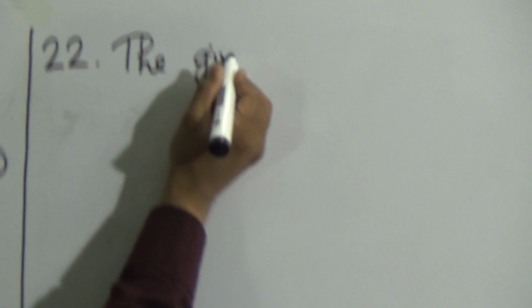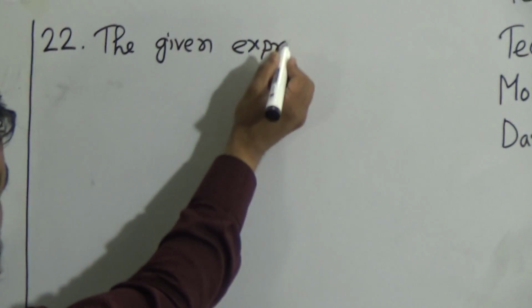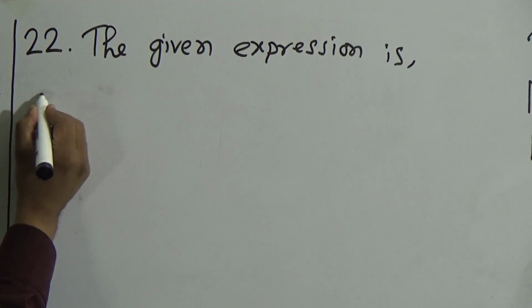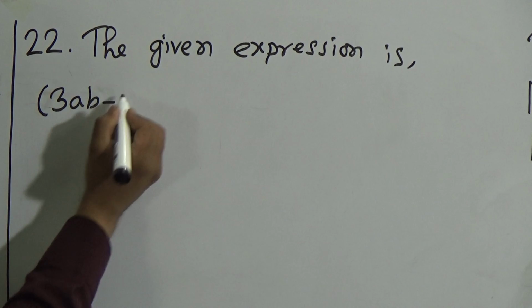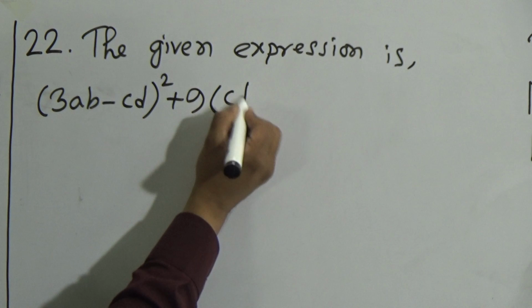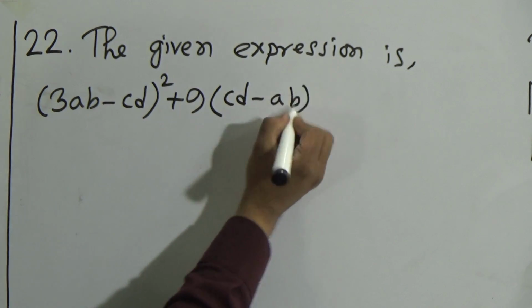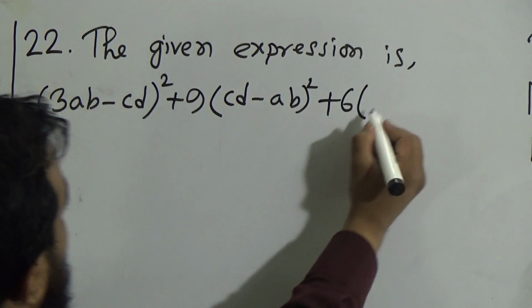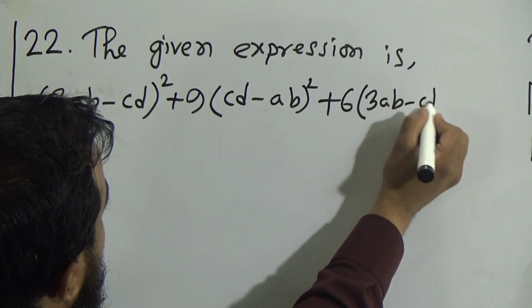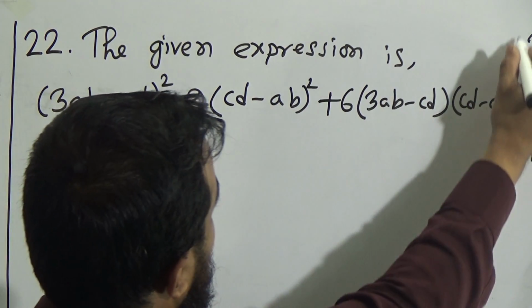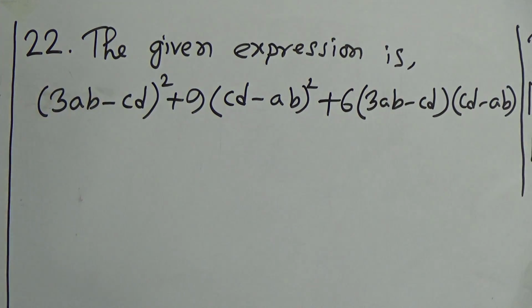The given expression is 3ab minus cd whole square plus 9 into cd minus ab whole square plus 6 into 3ab minus cd then into cd minus ab. Okay, this is our given expression.